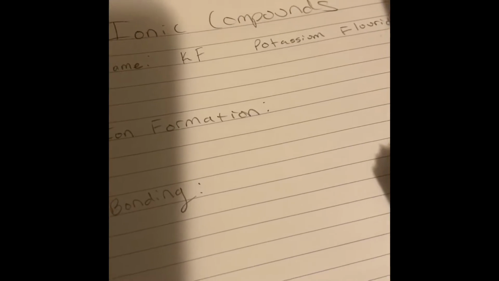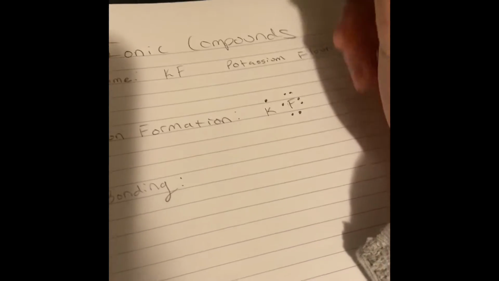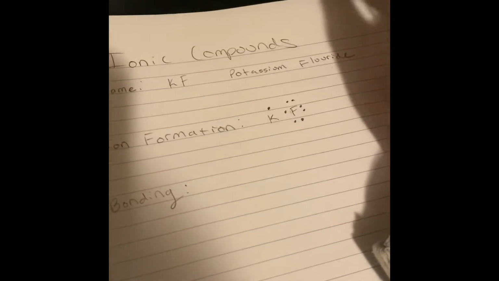Ion formation. So it starts off, well, each atom for each element starts off like this. So we have potassium, then we have fluorine. So ion formation.